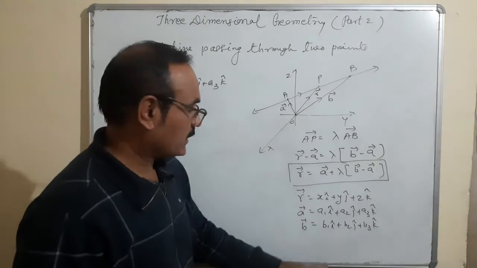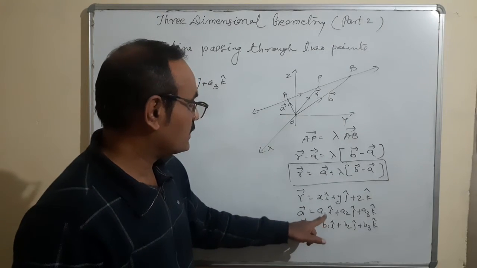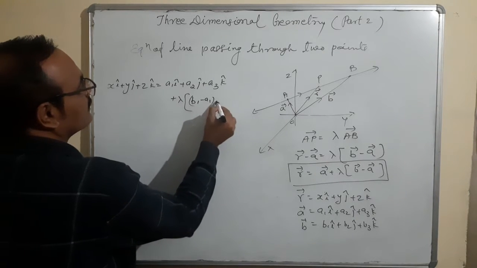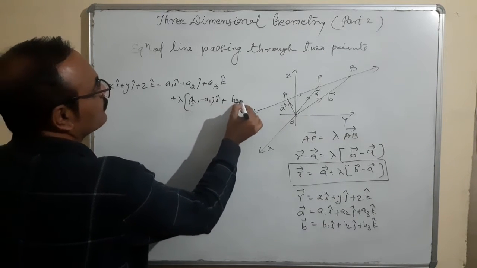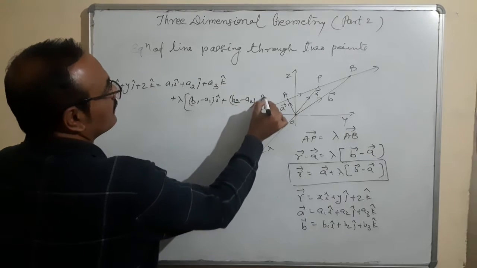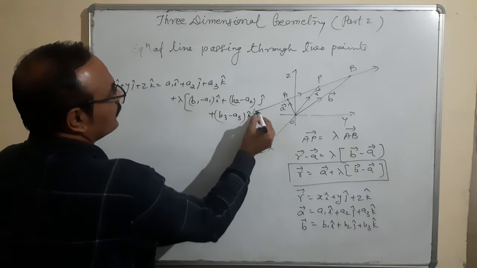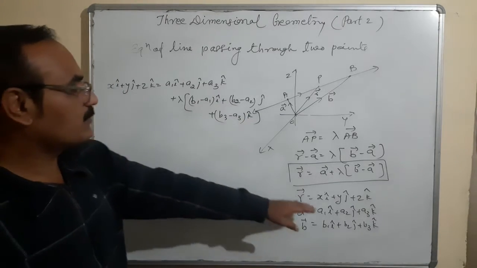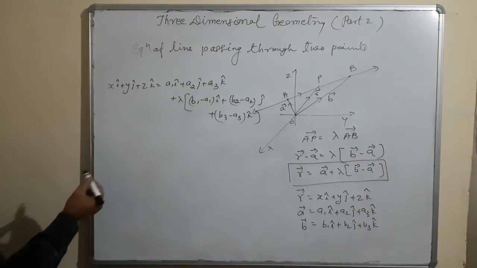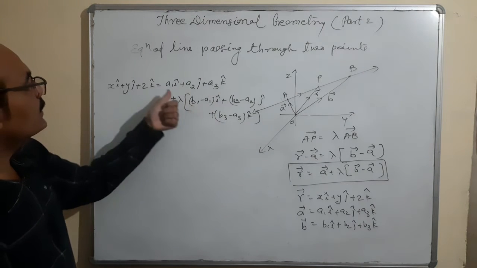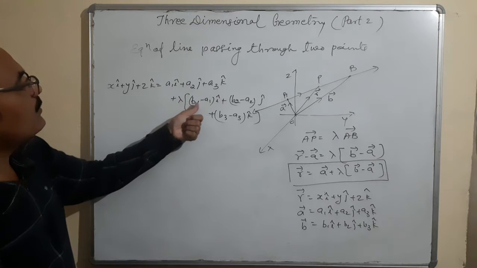Directly I am writing (b1 minus a1)i plus (b2 minus a2)j and plus (b3 minus a3)k. Is it okay? Directly I can put the value here, and now comparison also I will do directly. This is i, so it is a1 plus lambda (b1 minus a1).